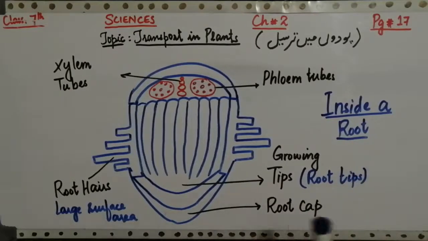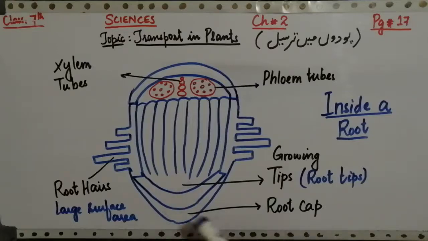Because there are some growing cells present at the root tip, due to which the roots grow, where growth starts in the roots. So roots elongate inside the soil or ground by means of these root tips, because the root tips contain growing cells.